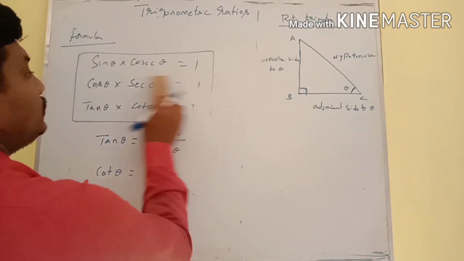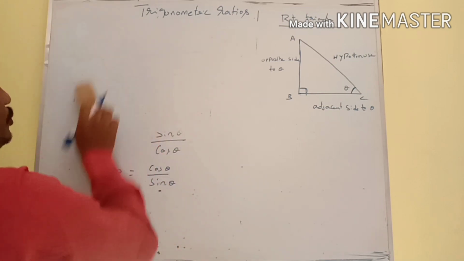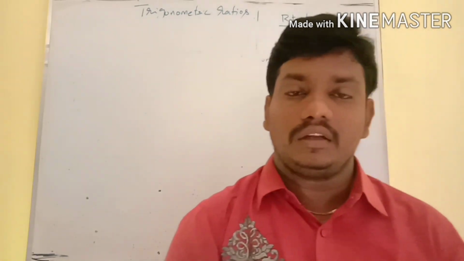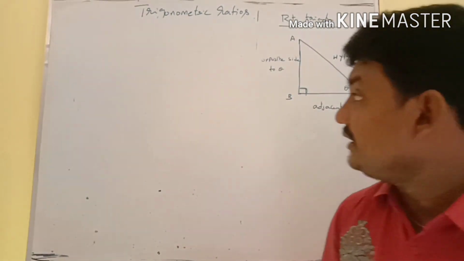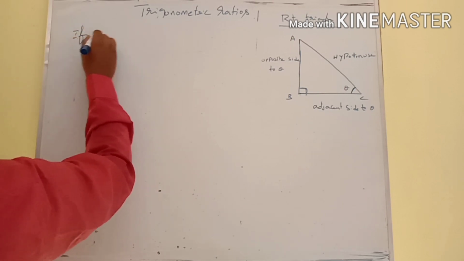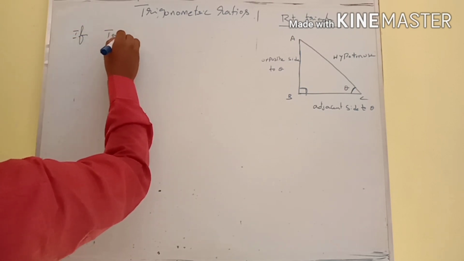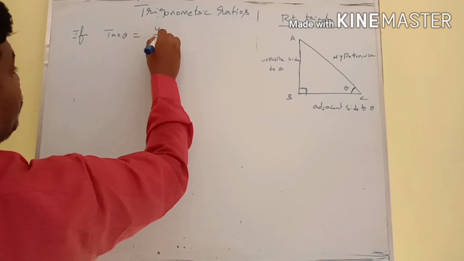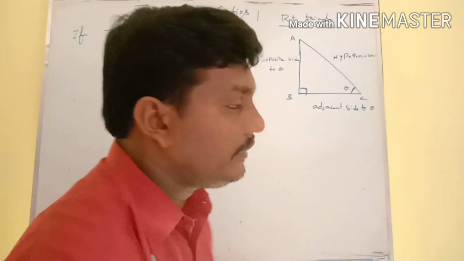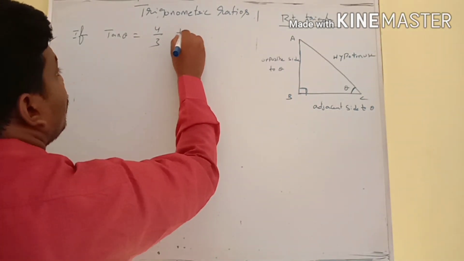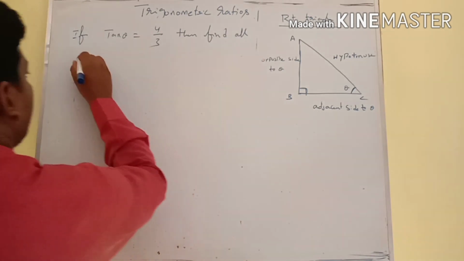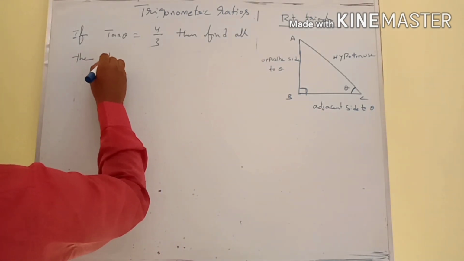Now, when you know one trigonometric ratio, how do you find the other trigonometric ratios? Let me consider this: if tan theta is equal to 4 by 3, then find all the other trigonometric ratios.